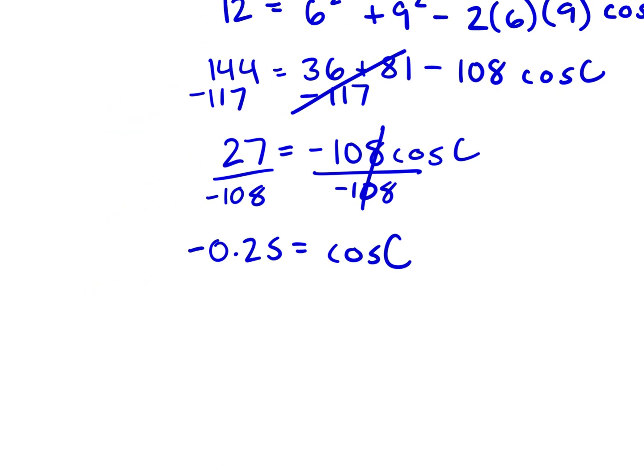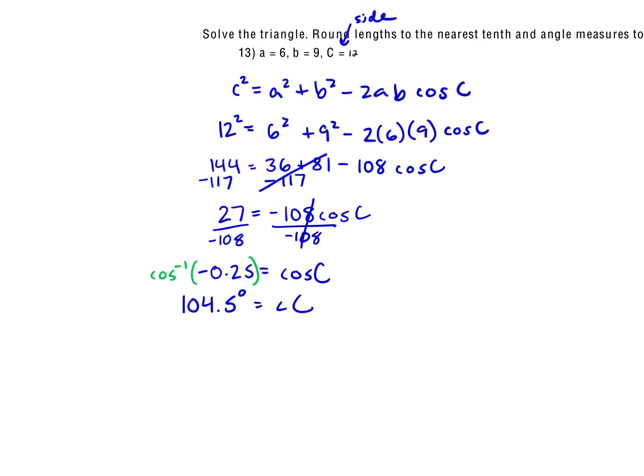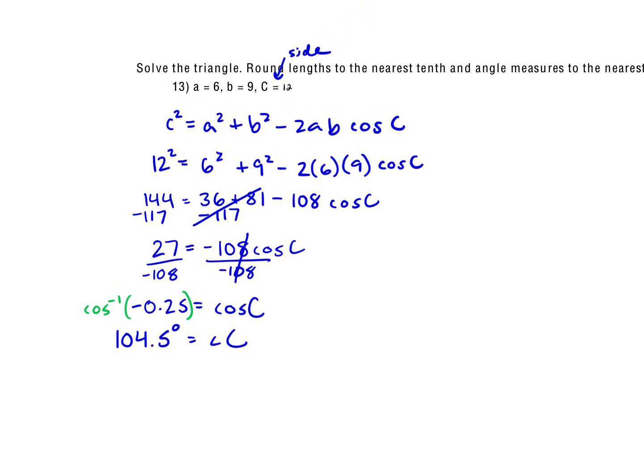So we're going to do the inverse of cosine. So in the calculator, we got 104.5 degrees. Wait, do you have to do negative 0.25 and then the inverse of that? So angle C is 104.5.